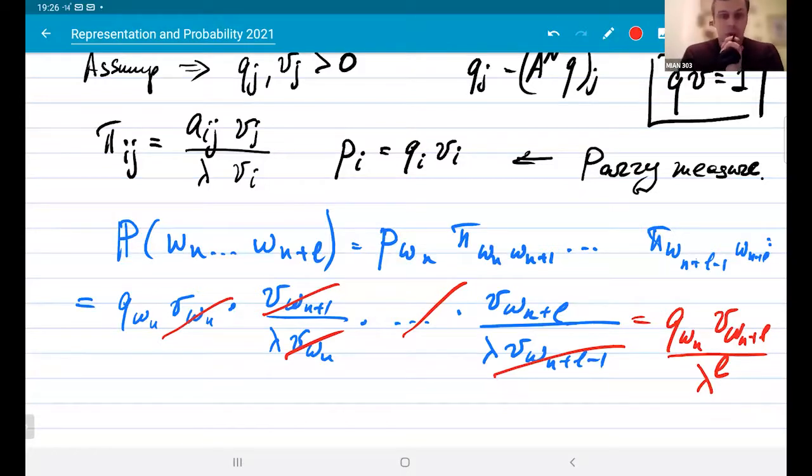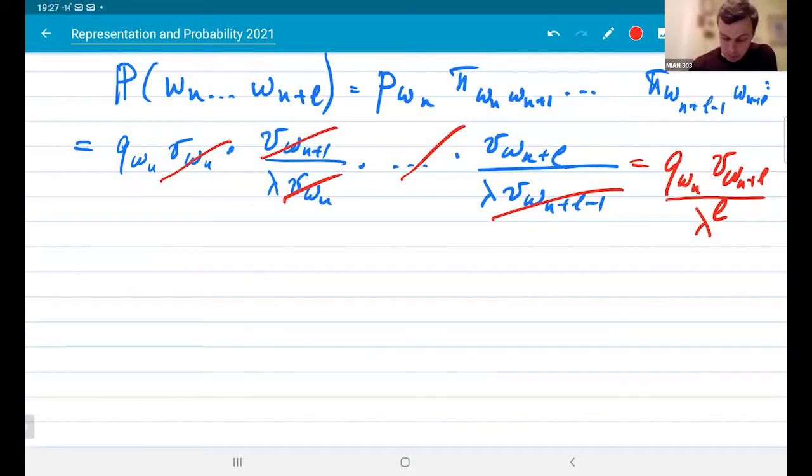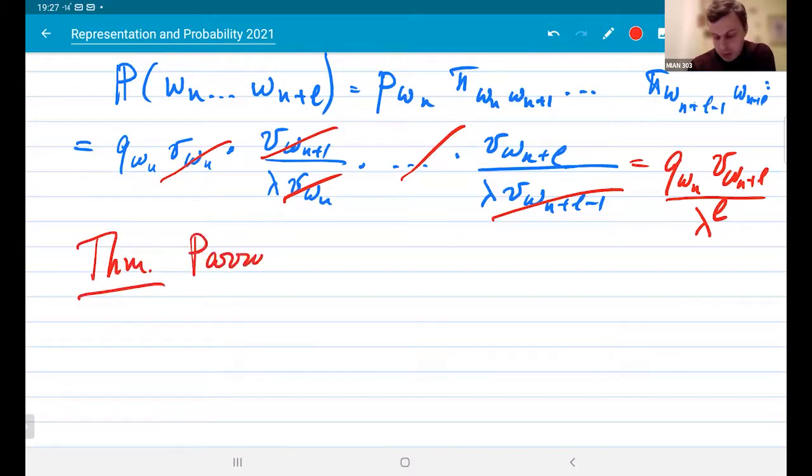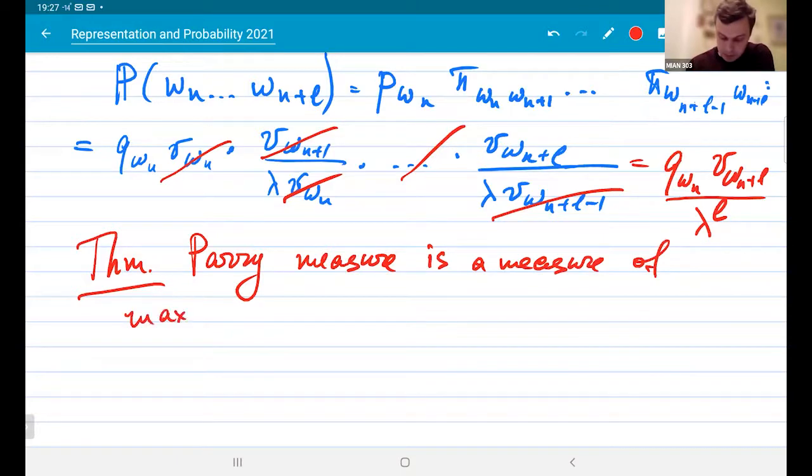So now I want to explain in what sense this measure is optimal. This deserves maybe two or three lectures for the complete exposition, but I'll say the following. Theorem: pairing measure is a measure of maximal entropy.